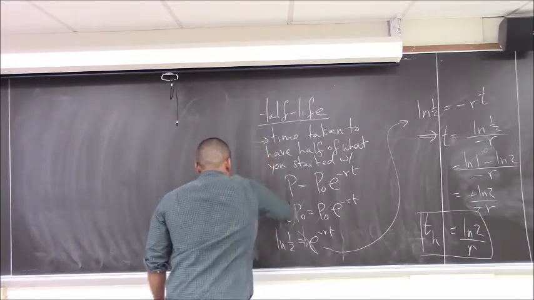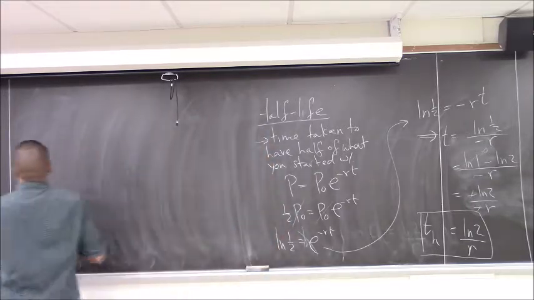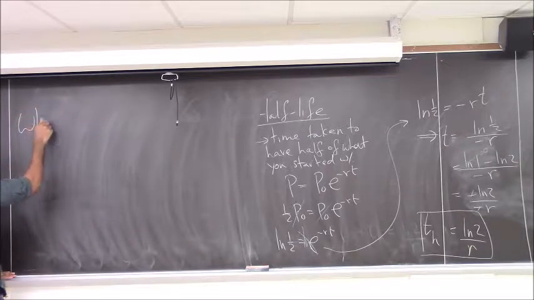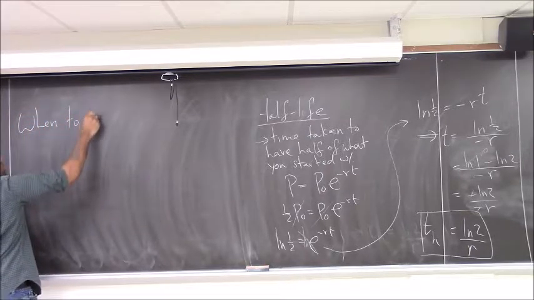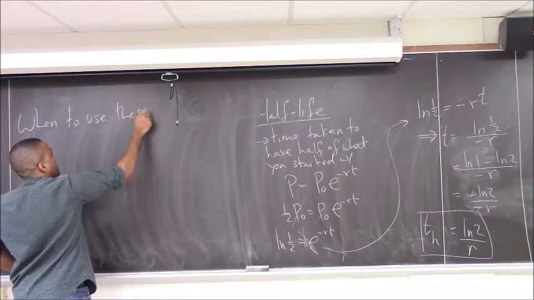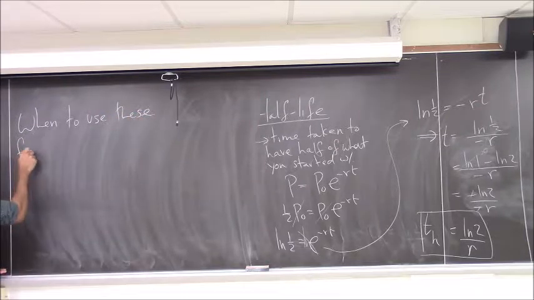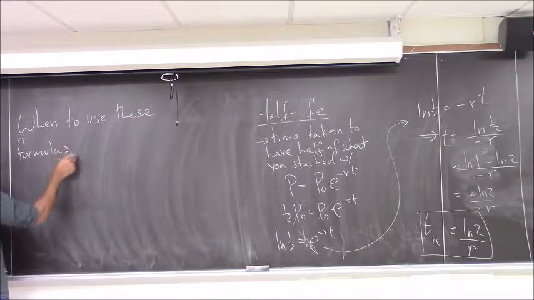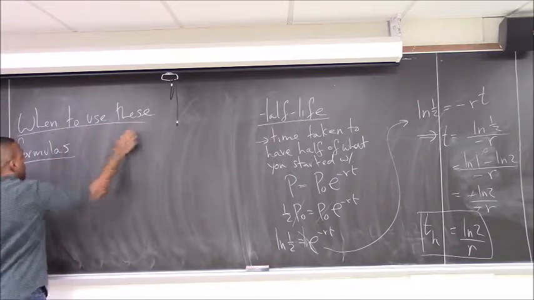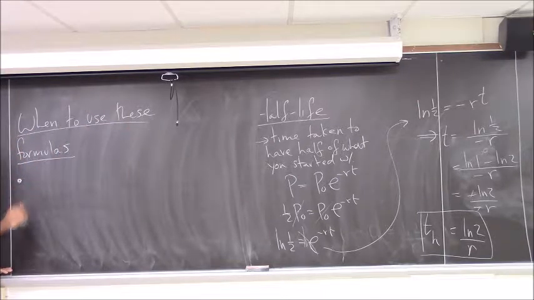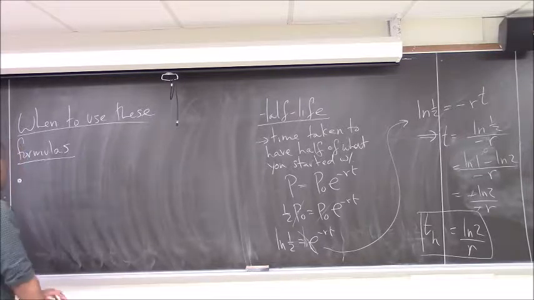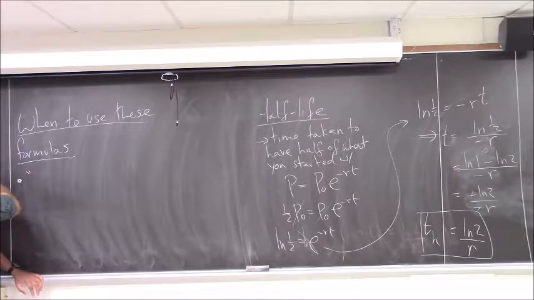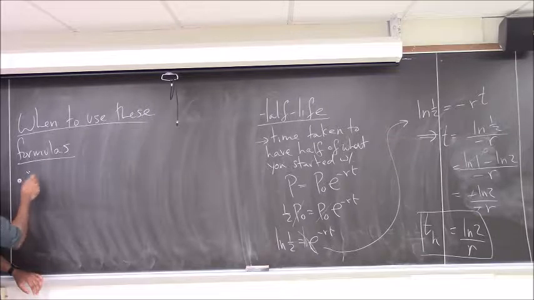It might be a bit obvious, but let's be comprehensive here. When would you use these formulas? There are certain buzzwords that hint that you have to use the set of formulas I gave you in this handout. For one, you see phrases like proportional to current size.